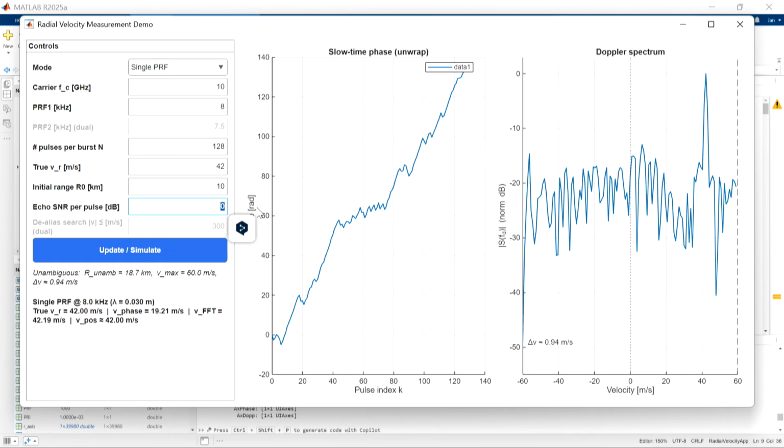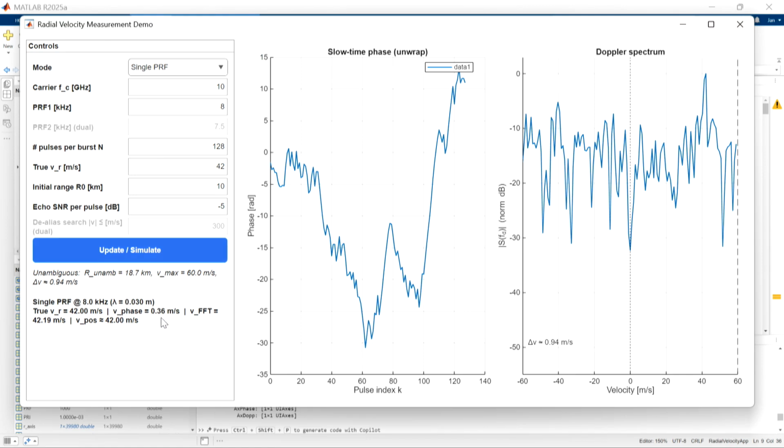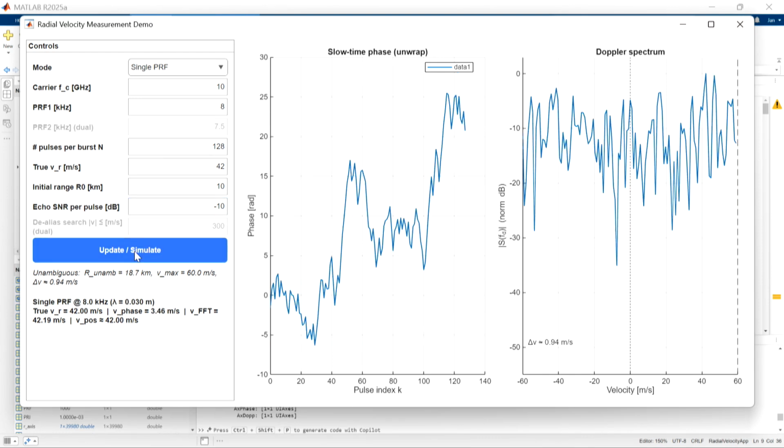So we will put -5. Okay, phase just gives up because this is definitely not linear. It is nonsense, and you can see it there. Okay, 42. And if I put -10.